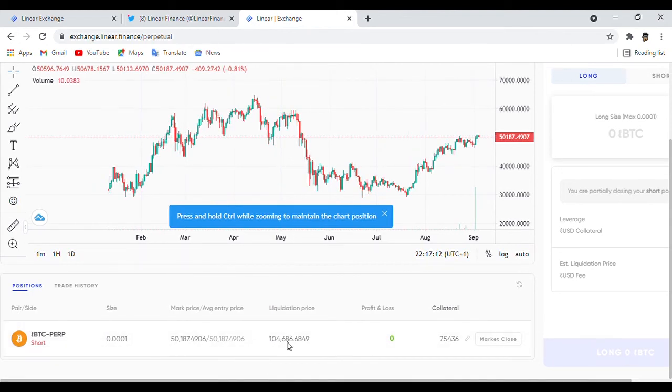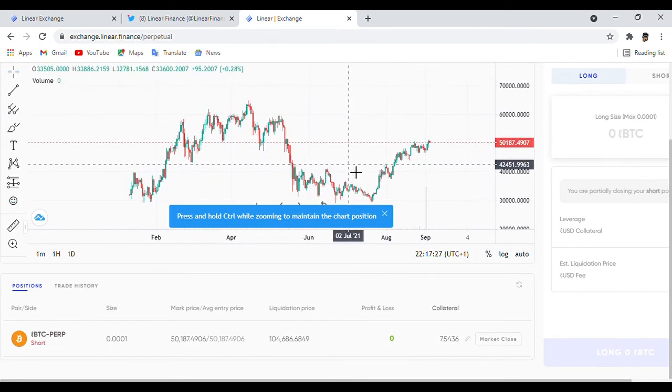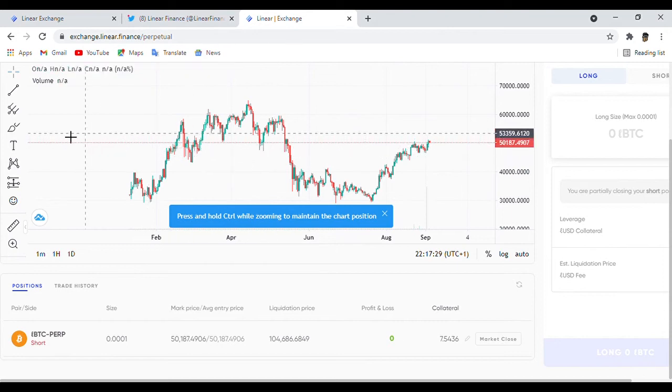You can see right here the size 0.1. We have the market price where we entered and the liquidation price 104. The profit and loss we're seeing now is currently 0. It depends on the amount you're placing on the trade.